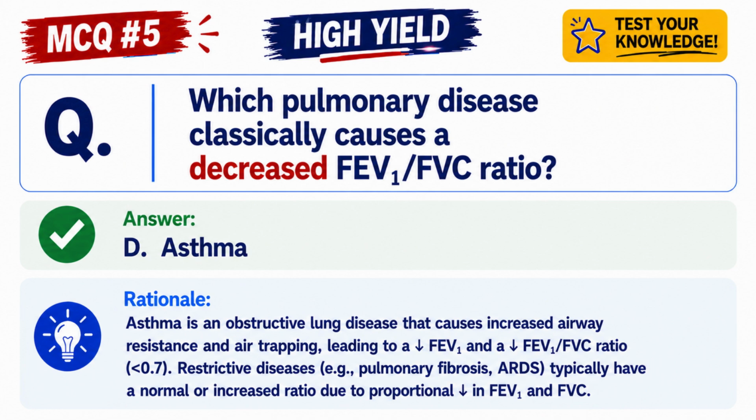A 12% improvement in FEV1 after bronchodilator is the spirometric definition of significant reversibility. Pulmonary fibrosis and ARDS, restrictive patterns, small volumes, preserved or elevated ratio. Asthma, obstructive, decreased ratio, reversible with bronchodilators.